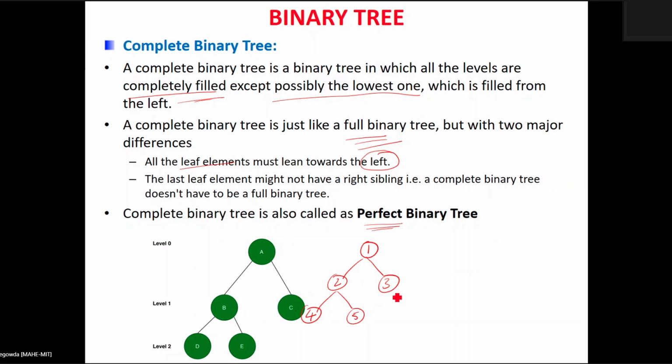And also 3 has a right child. I just wanted to know whether this particular example is a full binary tree or a complete binary tree. Any one of you tell me what the answer is, whether it is a complete binary tree or a full binary tree.